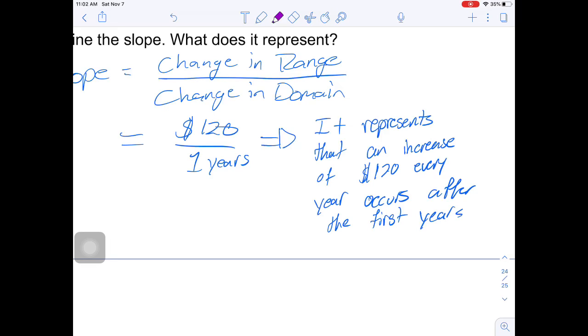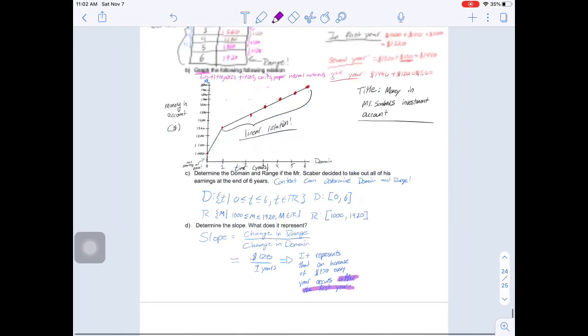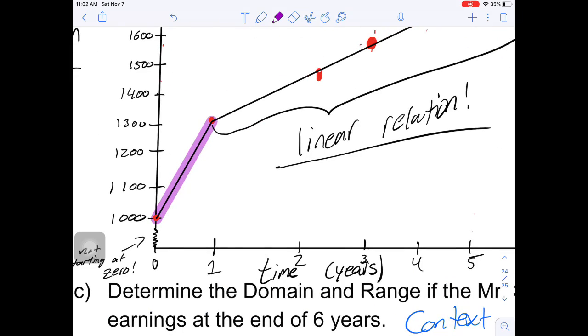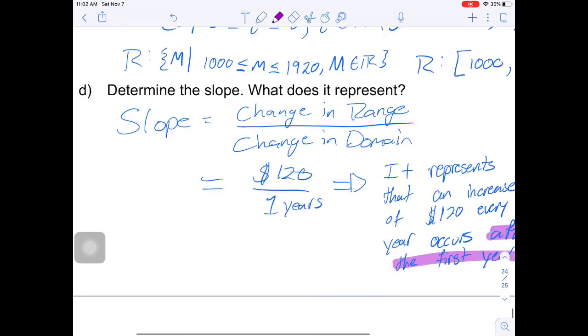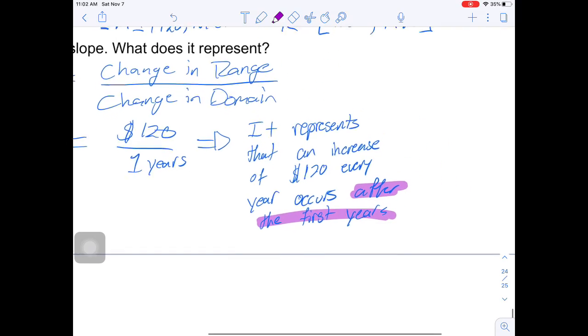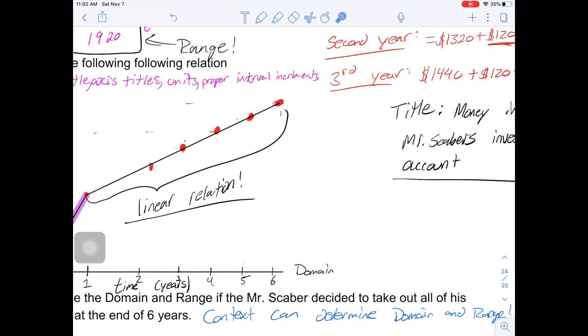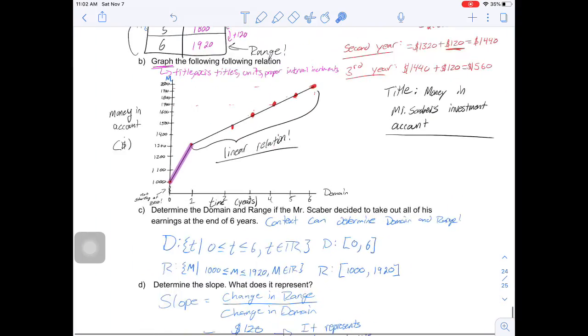And why do I state this last part, after the first year? Because remember, in that initial 0 year to 1 year, we get an additional $100 or $200. So it's not really a part of your linear relation. But after the 1 year, it's a constant steady increase of $120.